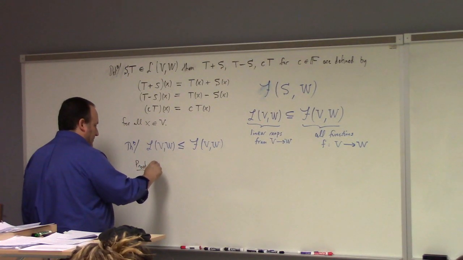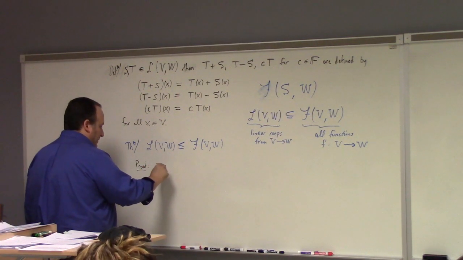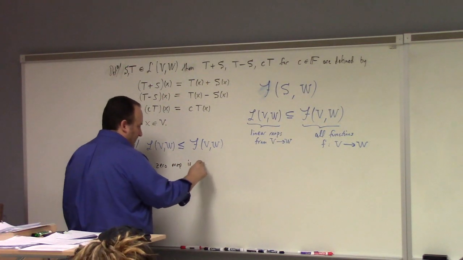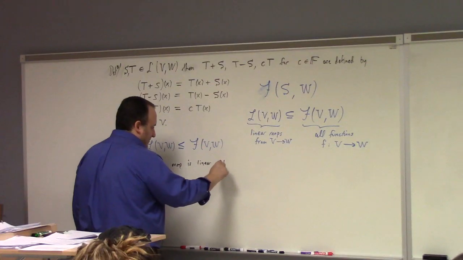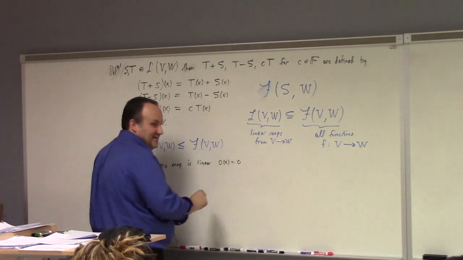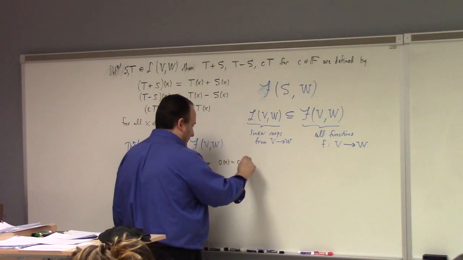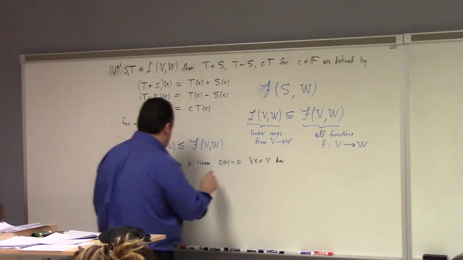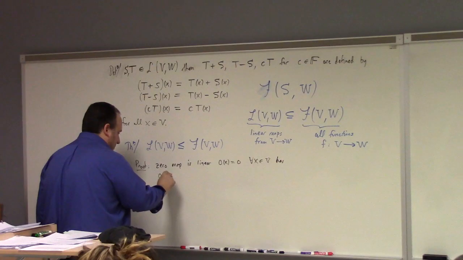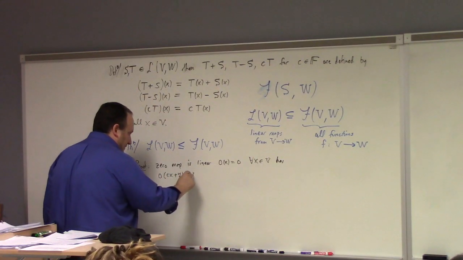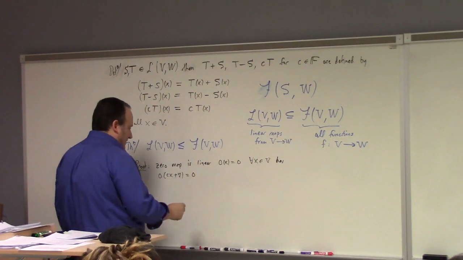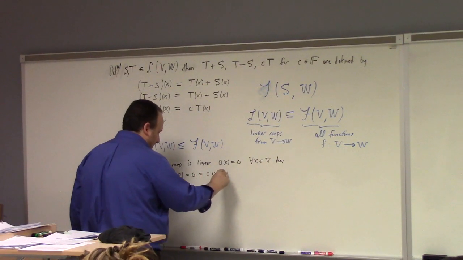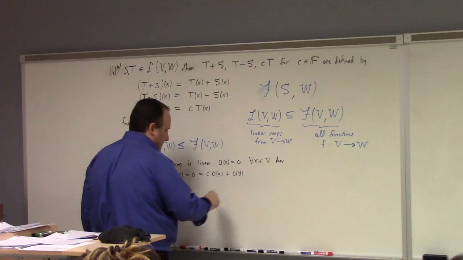Notice the zero function, the zero map, is linear. 0 of x equals 0 for all x in V, and 0 of cx plus y equals 0, which is c times 0 of x plus 0 of y.